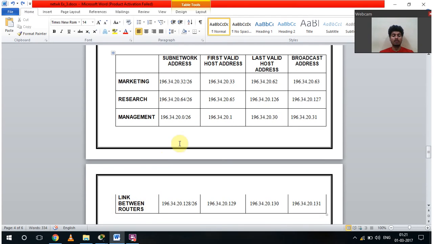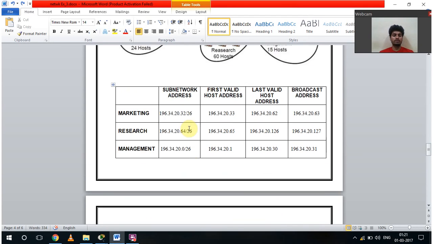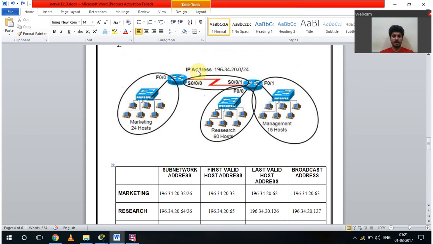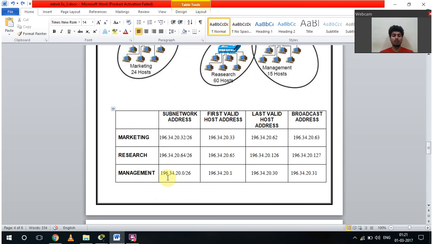Now another question shows 4 networks: marketing, research, management, and the link between the routers. The IP address given is 192.34.20.0. Considering management as the first network, 192.34.20.0 is the first address, and the first usable host address will be 192.34.20.1.